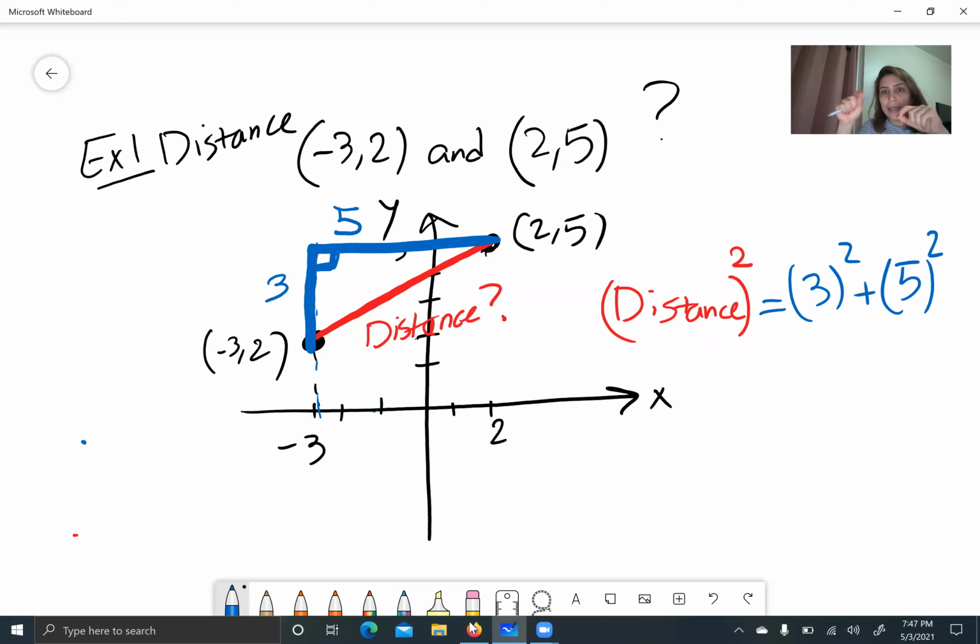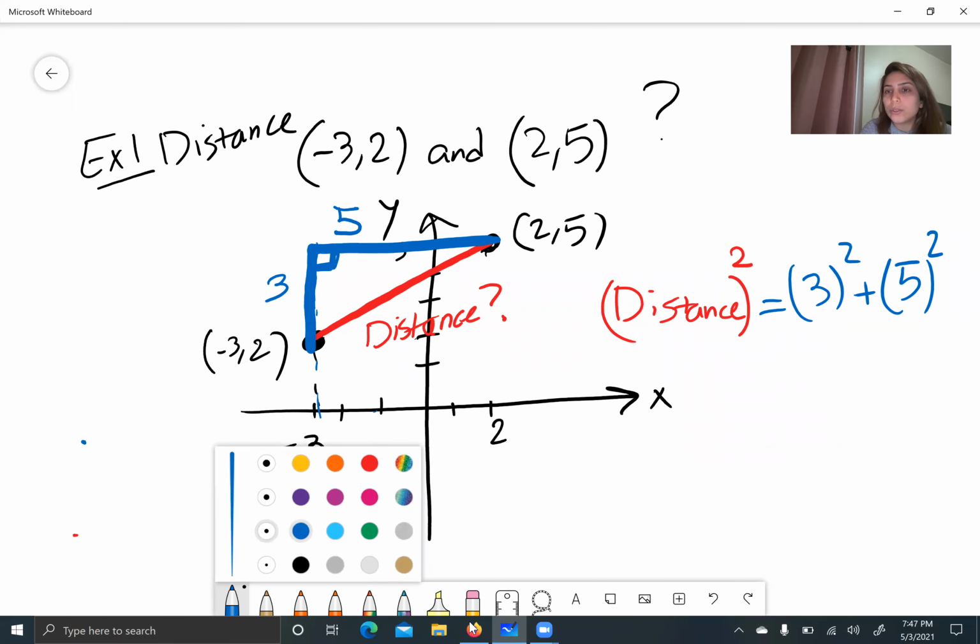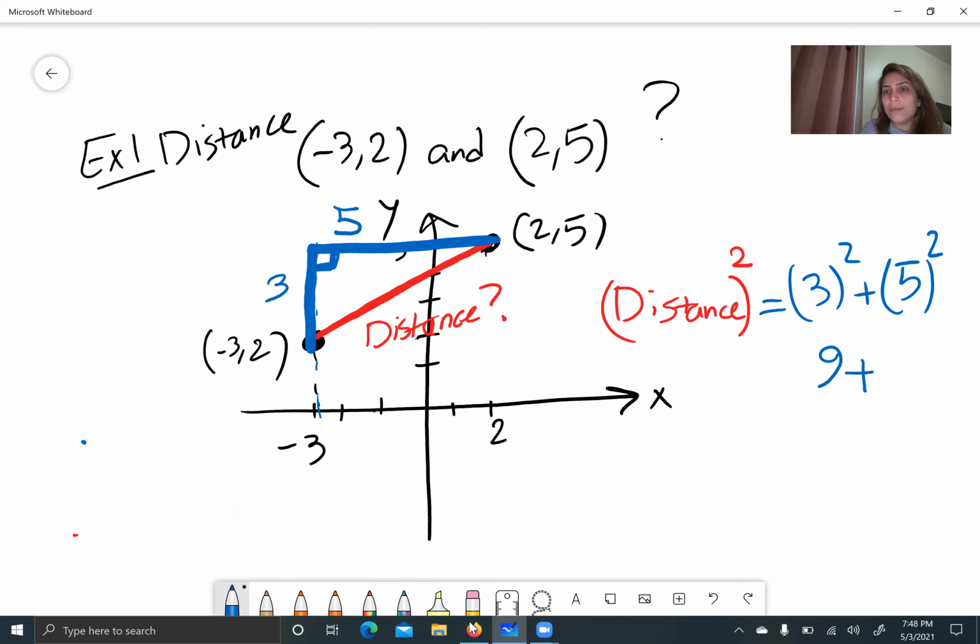The sum of the legs squared, in this case 3 squared plus 5 squared, is the same as the hypotenuse squared. So 3 squared is 9, 5 squared is 25.